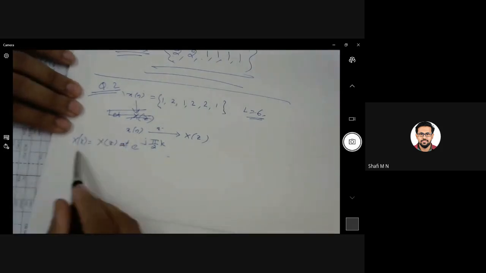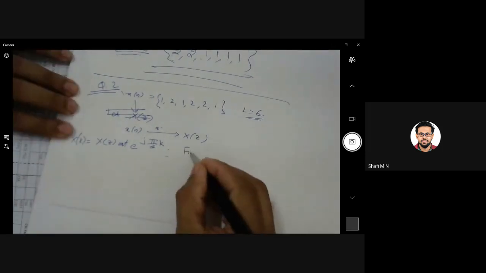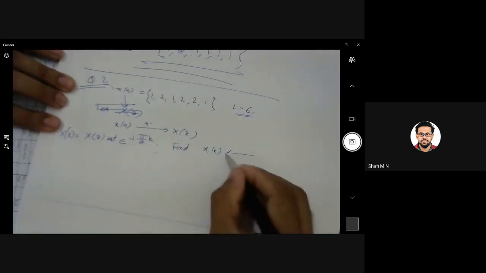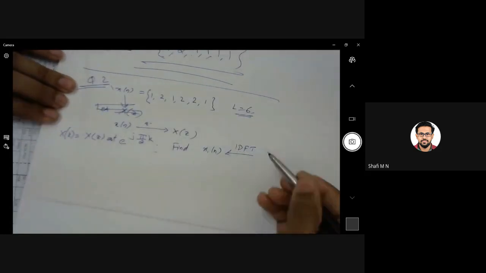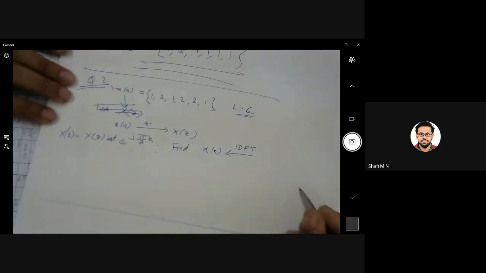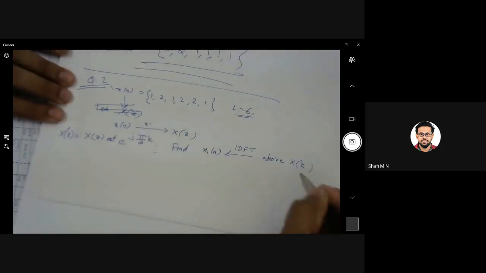So this is x of k. Now the question is, find the sequence x1 of n, which is the inverse DFT of the above x of k.